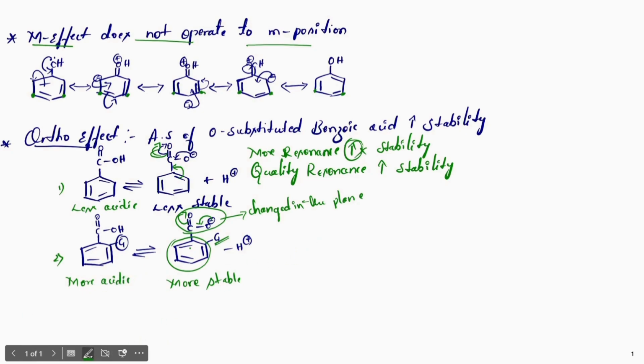Consider an example. COOH, CH3, again benzoic acid, COOH, CH3, and again benzoic acid, that is COOH, CH3.